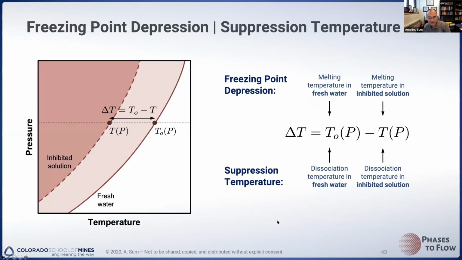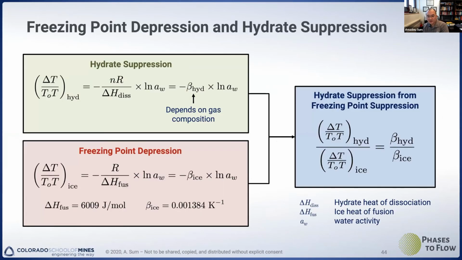And so if we consider this delta T, right, that it is relative to the fresh water, we can actually obtain the hydrate phase equilibrium by simply knowing the suppression temperature, the freezing point depression. So you don't need to make any measurements of anything else. If you know the freezing point depression, you can determine what that is for the hydrate, right?